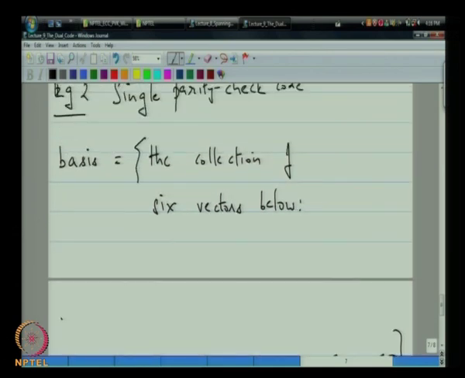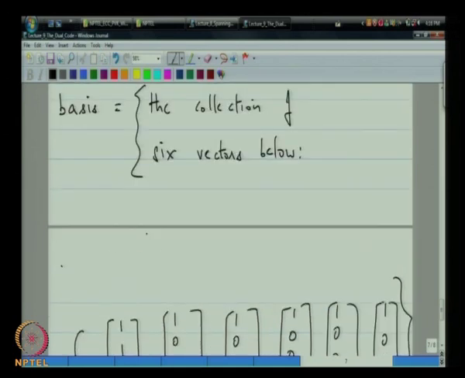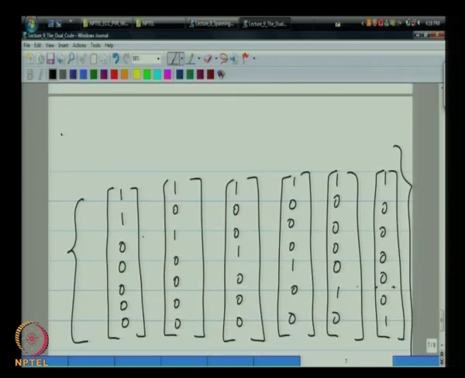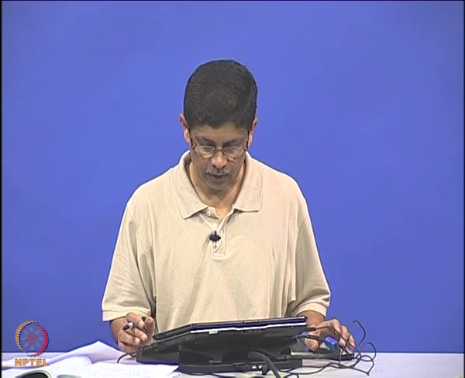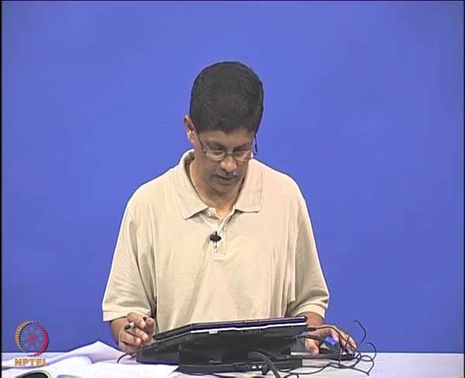I am not providing too much by way of justification, because I think it is fairly straightforward. It is clear that they span the space and these vectors are linearly independent. So, they meet the criterion. So, it is fairly clear that they are a basis.